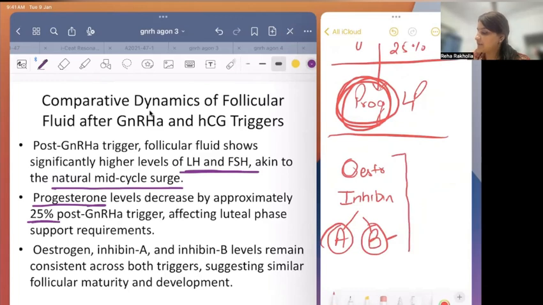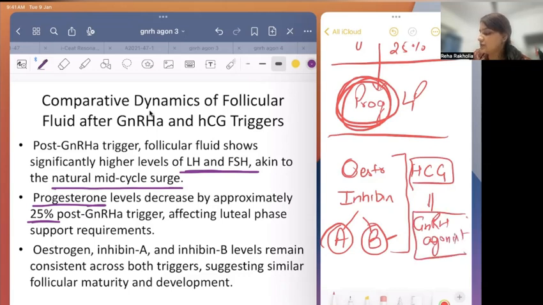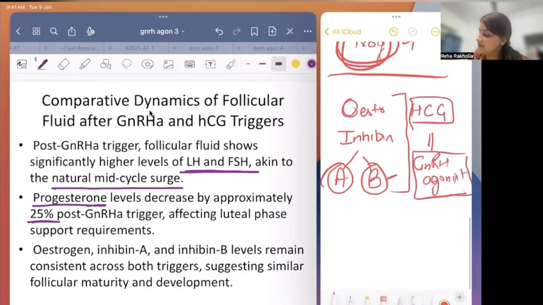In GnRH agonist, these three will be similar to the HCG, meaning the levels are similar to the HCG. This suggests similar maturity and development.